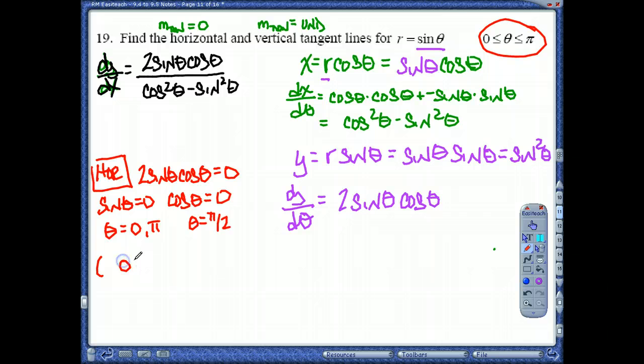So my theta is 0. My theta is pi. My theta is pi over 2. I'm going to plug these into the original right up here and find out what the r coordinate is. Well, when I put 0 up here, sine of 0, 0. Sine of pi, 0.